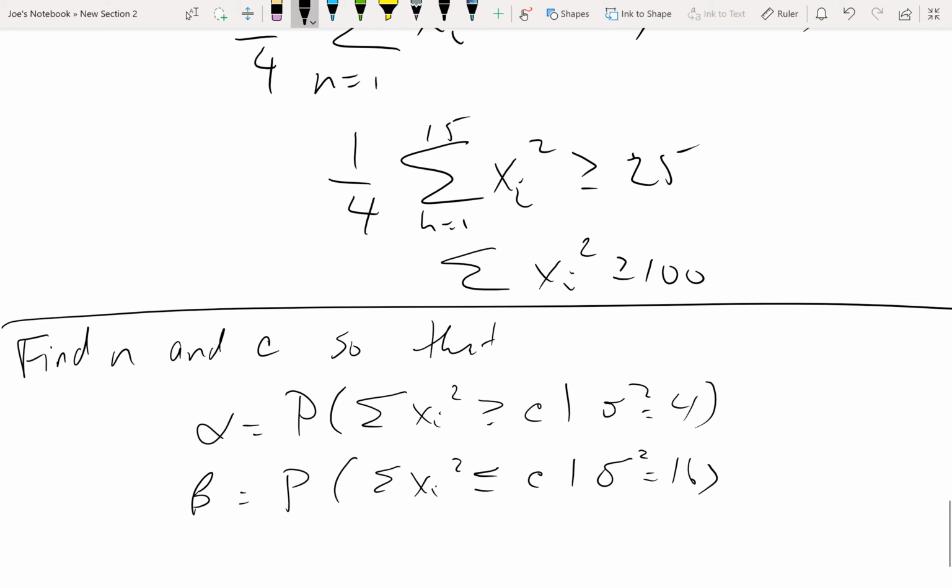We may not be able to do it because it's chi-squareds instead of normals, but at least we can set it up and think about how we could do it.